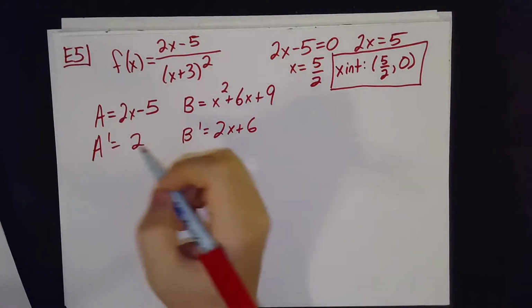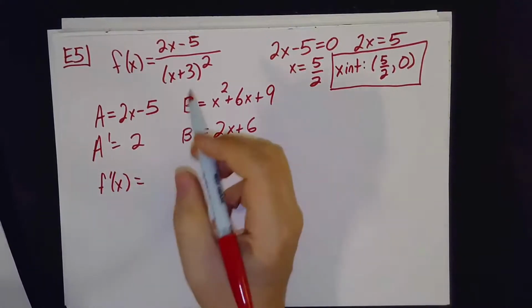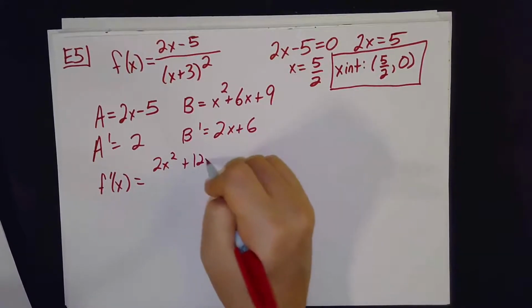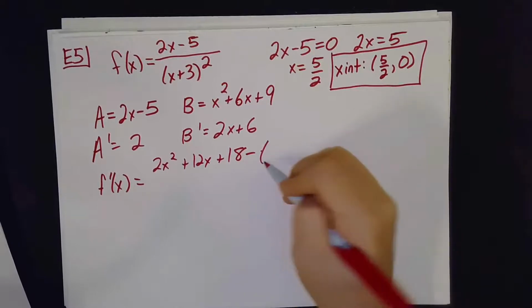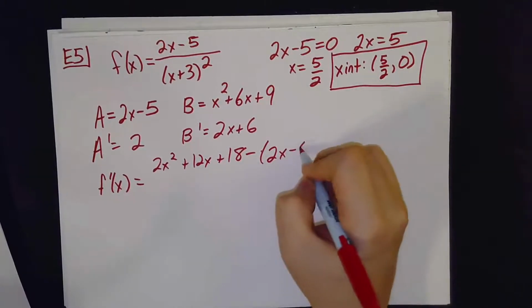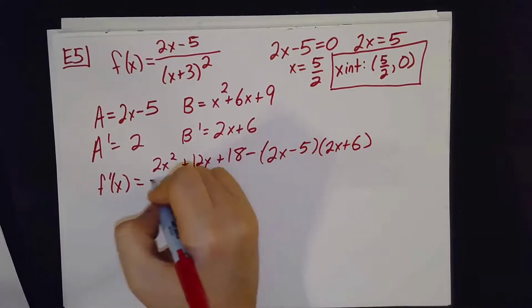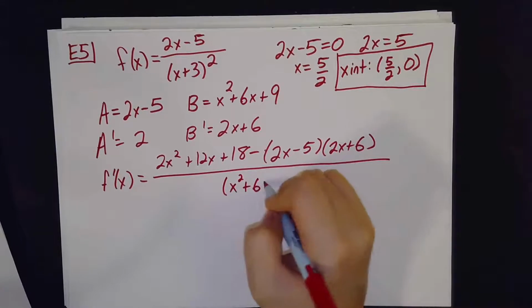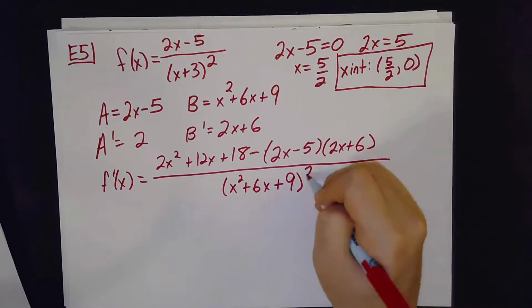The derivative here is going to work out to be 2x squared plus 12x plus 18 minus 2x minus 5 times 2x plus 6, all divided by x squared plus 6x plus 9 squared.